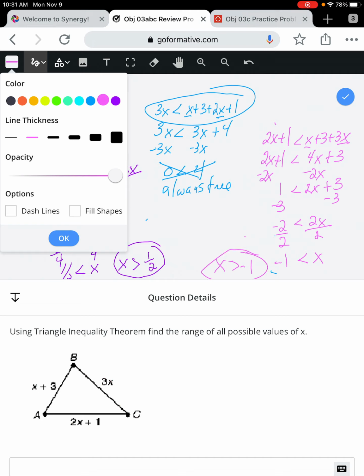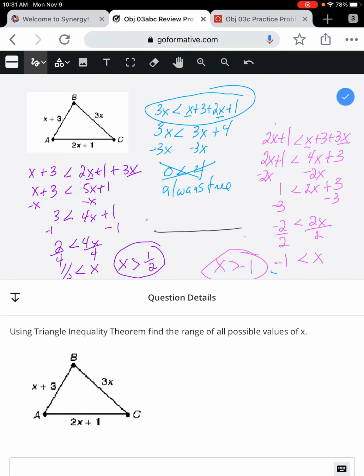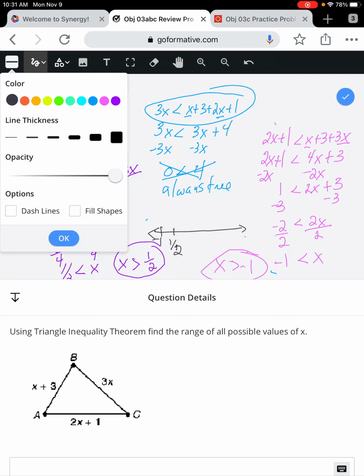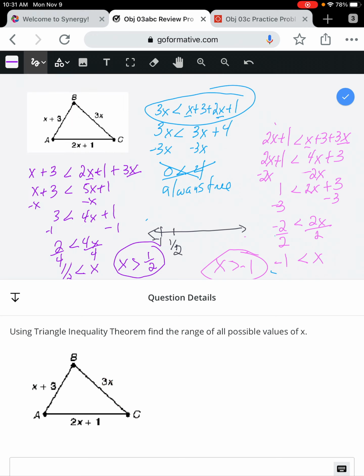Okay, so I put these two possibilities together. So I have two things. I'm going to make a little number line here, just because I think it's better to illustrate it. I have my 1/2, and I have my negative 1. I know that whatever x is for this triangle, it has to be greater than 1/2.